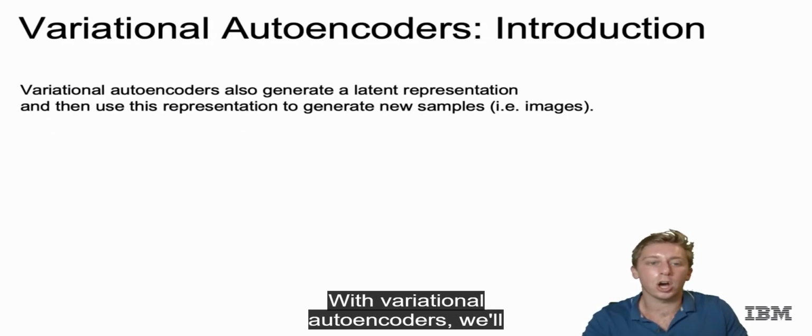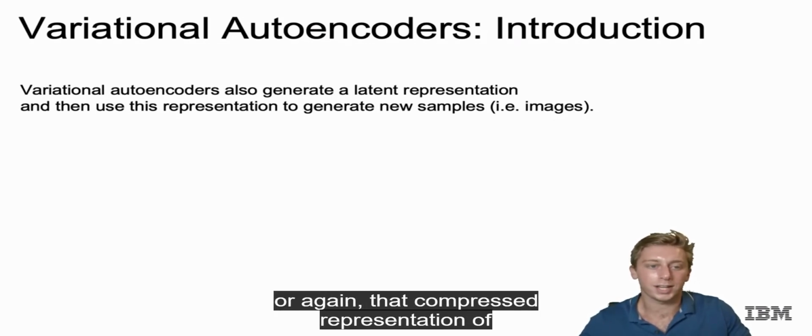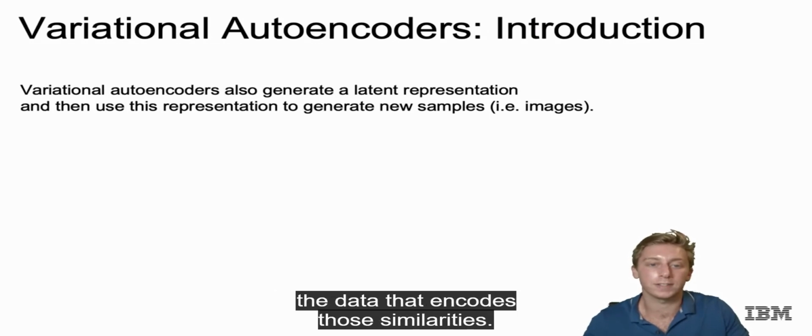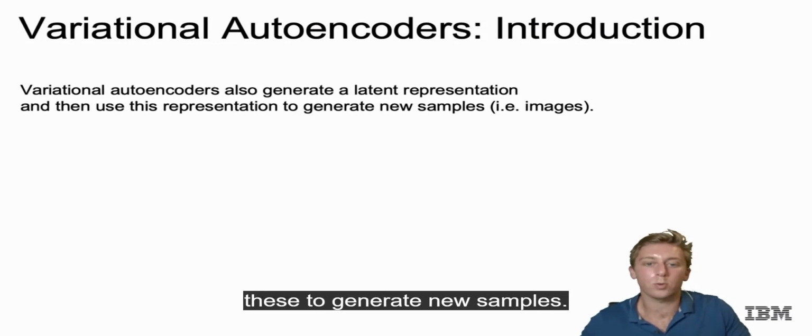Now, with variational autoencoders, we'll still be generating that latent representation, or again, that compressed representation of the data that encodes those similarities. And then similarly, we can reconstruct these to generate new samples.